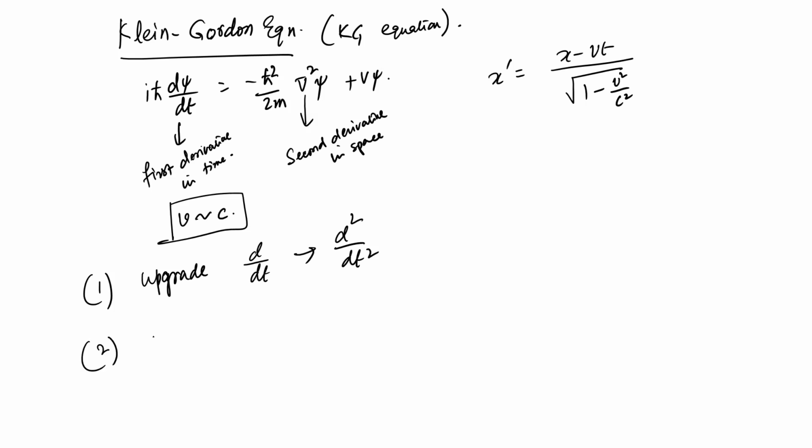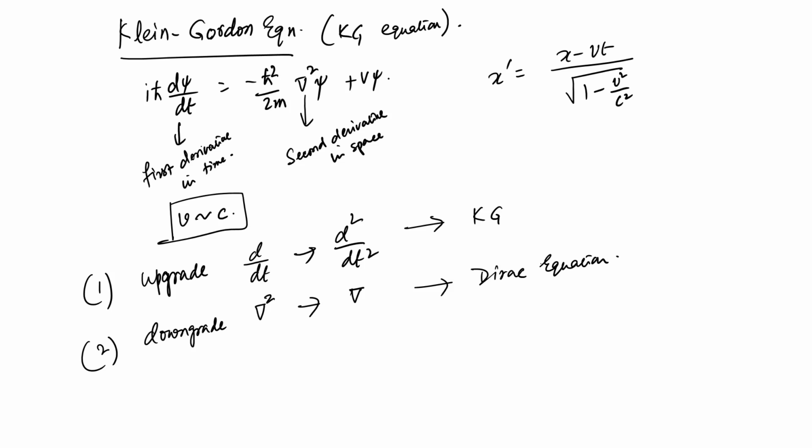Or the second option is that you downgrade the d square to just a d or a delta. Okay. So, not the Laplacian, but the first derivative with respect to space. When you do the first, it is called the Klein-Gordon equation, and when you do the second, it is called the Dirac equation, and we will see them separately for each of the cases.